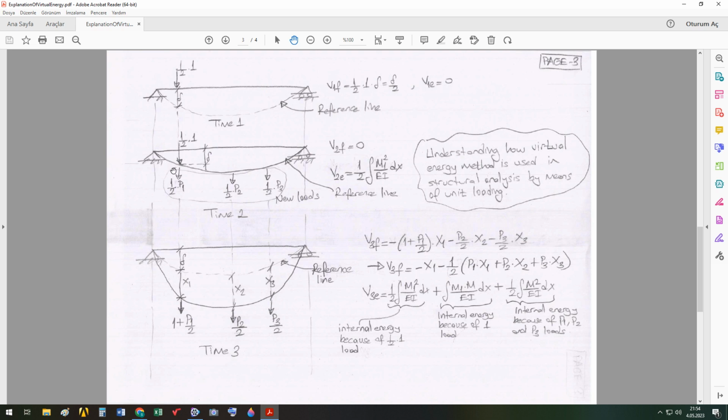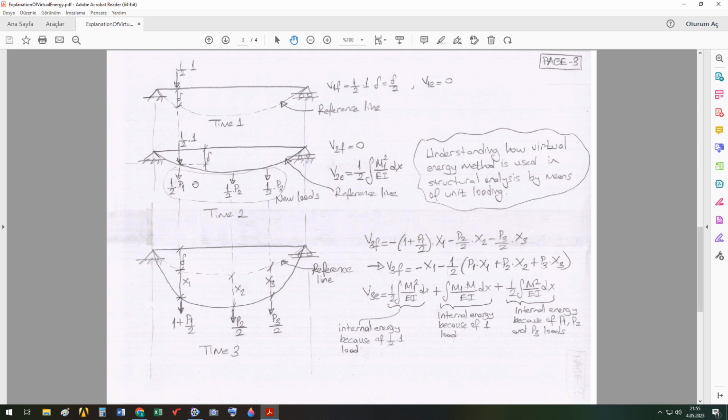At time 2, now the unit load comes here, and the load tip is on the reference line. And I applied new static loads P1, P2, and P3. These P1, P2, and P3 are the loads in our previous example. Then I write the potential energy of the external forces.